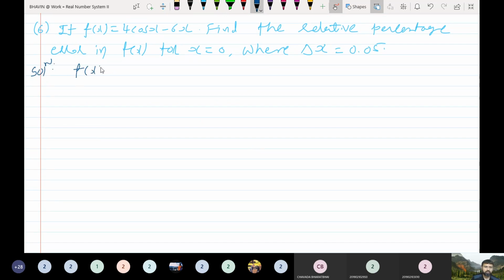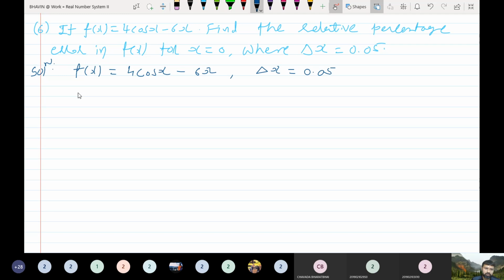So here f(x) is given, or you may take y equal to f(x). The function is 4 cos x minus 6x, and delta x is also given, 0.05.